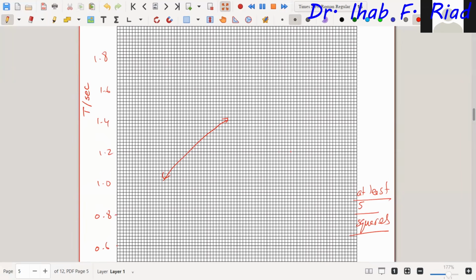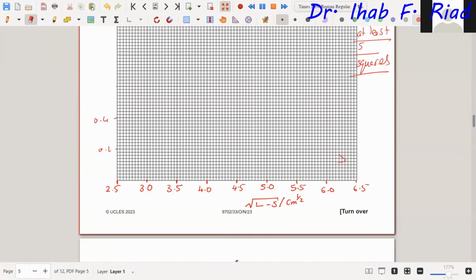So this is not quite a good scale. It is going to be very small. So it is not worth starting the y-axis from 0 either. We are not going to start the y-axis from 0.